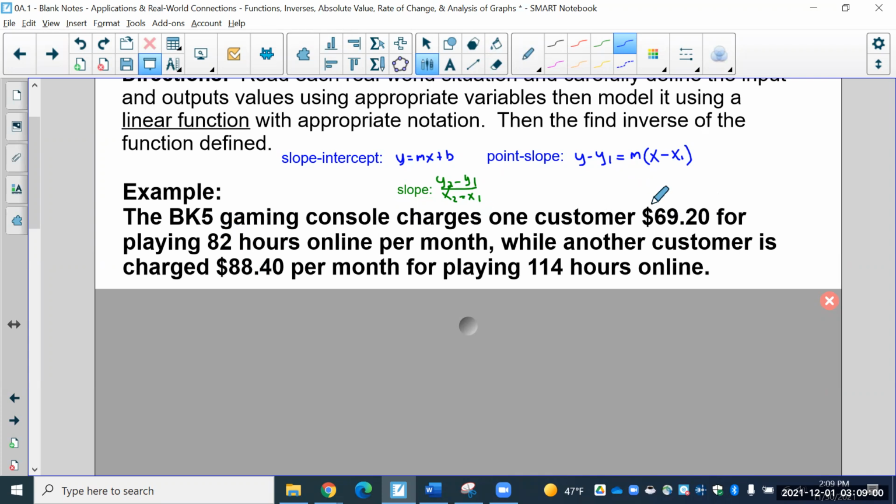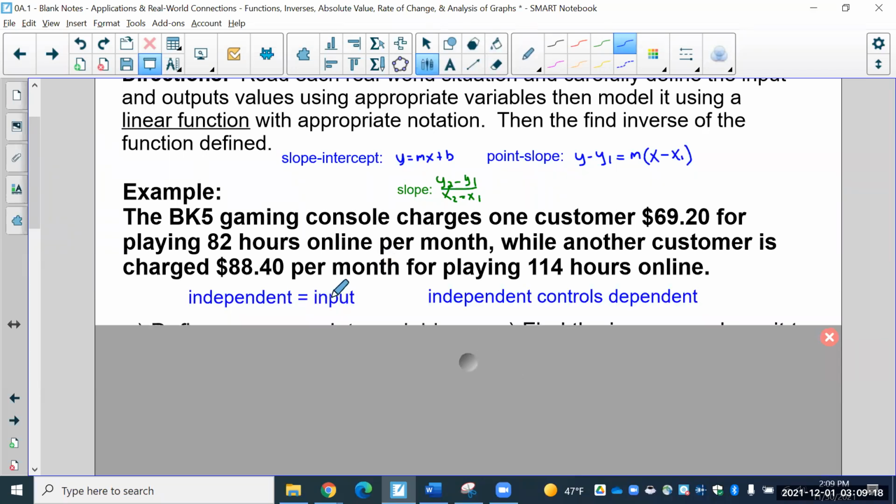Or does 82 hours control or produce this bill? And the answer is the hours you play cost you money, not the cost makes 82 hours. And in general, unless you're talking about advanced level physics, time is almost always independent or input. So just to review, independent means input, independent controls or produces the dependent variable.